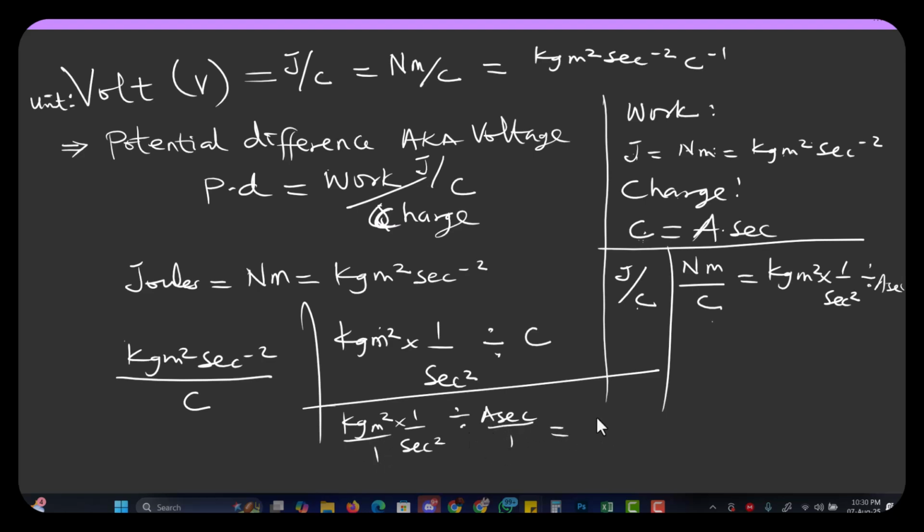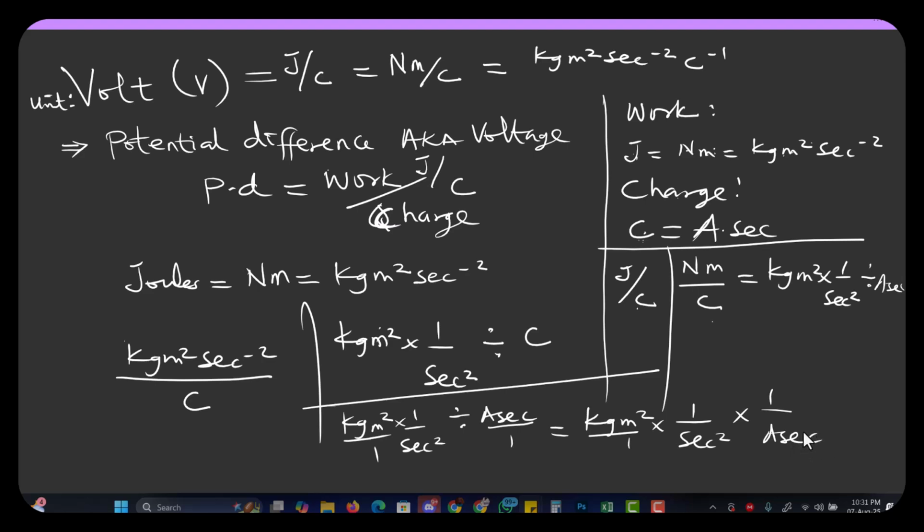So this is kilogram meter squared over 1 times 1 over second squared. When you remove this division sign and put a multiplication sign, this is going to invert. So it's going to be 1 over ampere seconds.